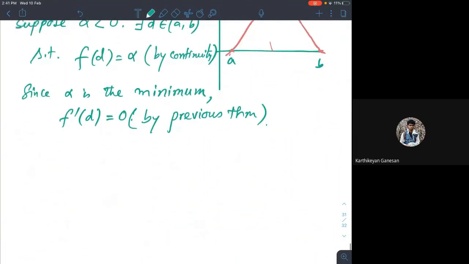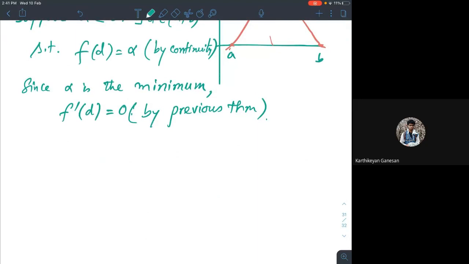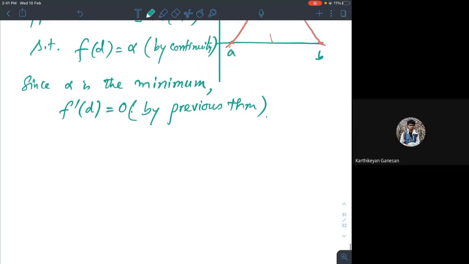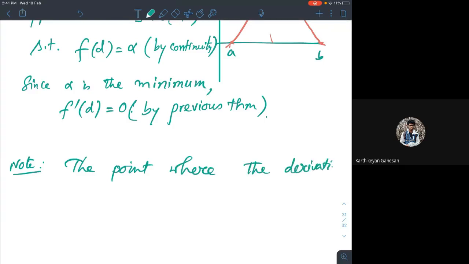Yes, sir. So that is interesting. This is a good observation. There can be 2 points, or more points. Note the point where the derivative vanishes may not be unique.